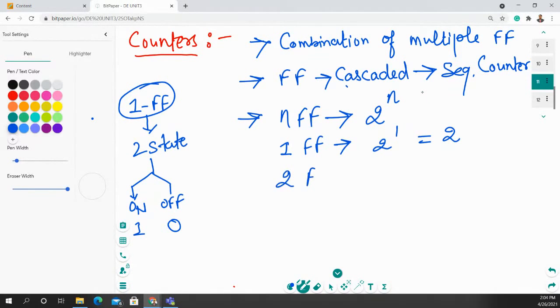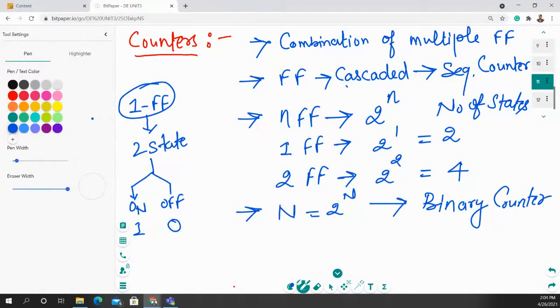If we have two flip-flops, then you can use the formula 2 raised to 2 is equal to 4. So these are the number of states. This is called a binary counter. When your number of states is less than 2 raised to n, what can we call it?